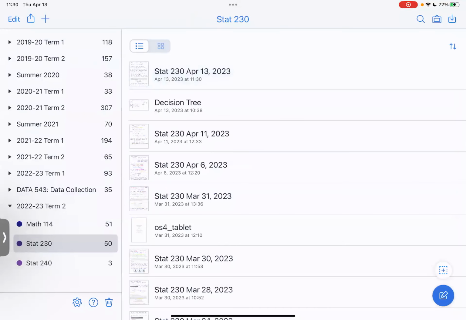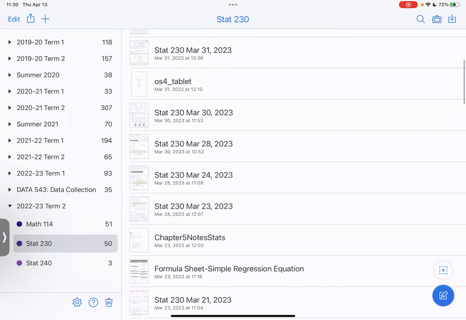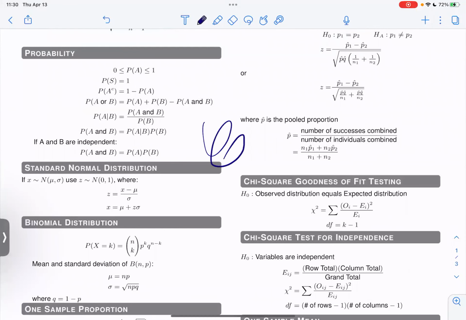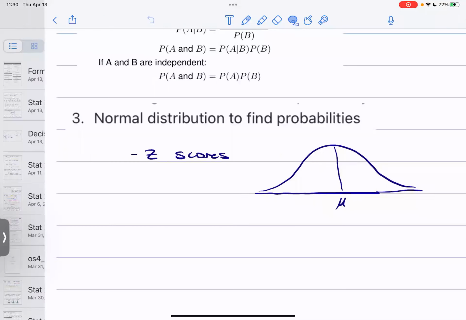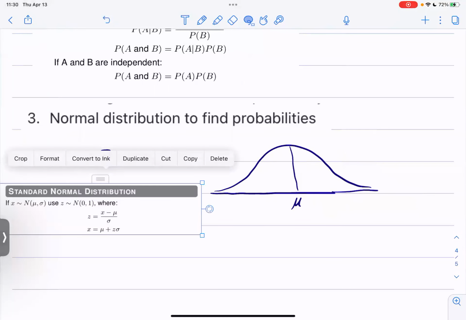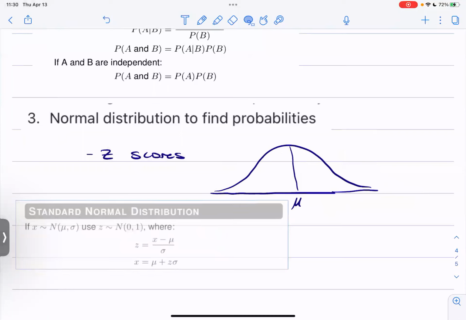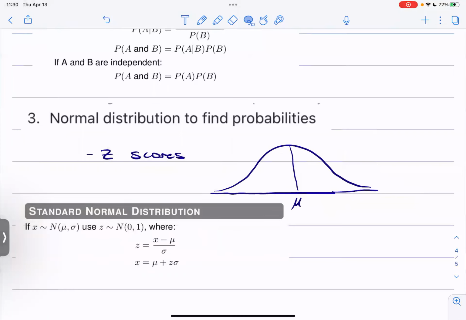In terms of the formula sheet, you're using these formulas, and the t-table, of course, to find those probabilities.